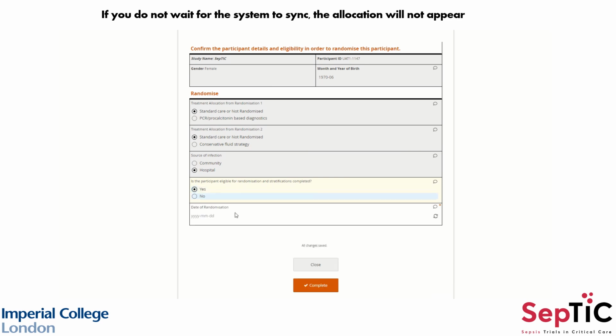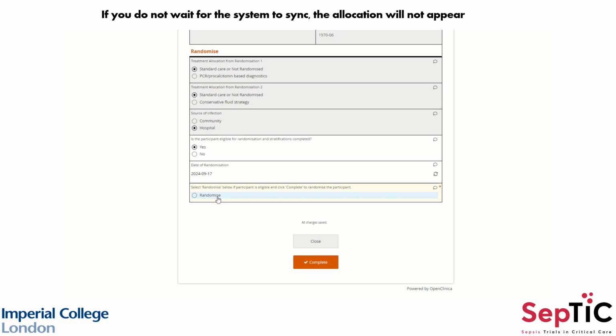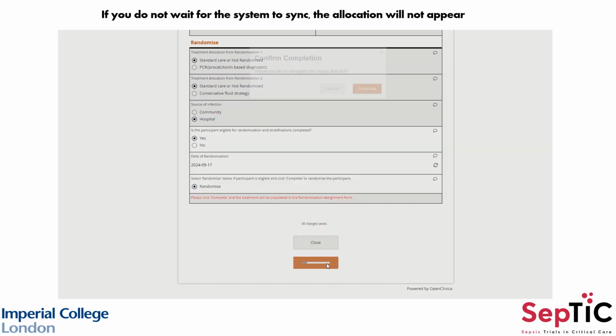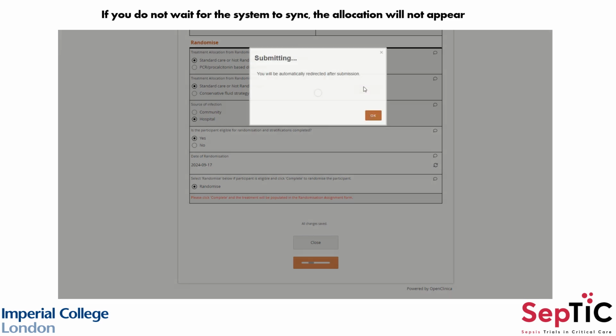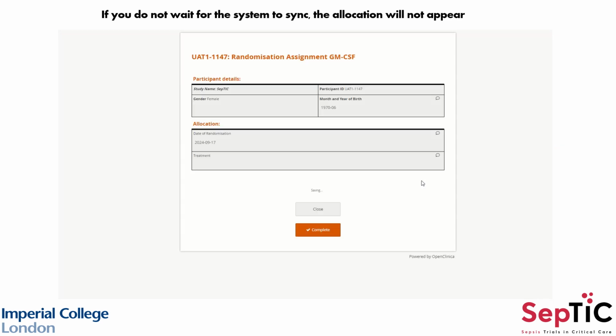This example shows what will happen if we try to open the randomization allocation immediately after completing the randomization confirmation form. You can see the treatment allocation is blank as the system has not synced correctly.